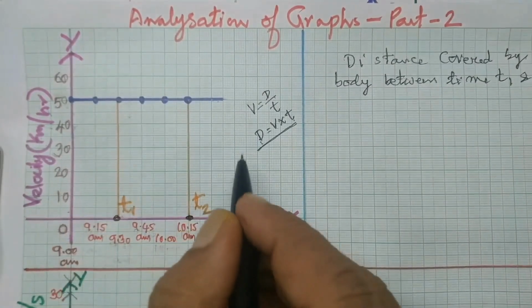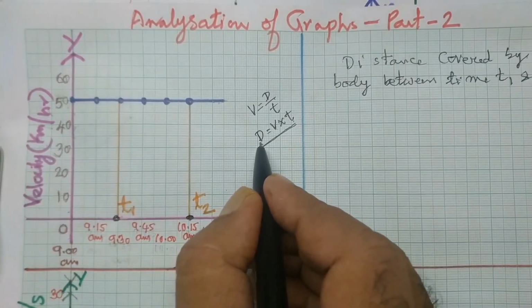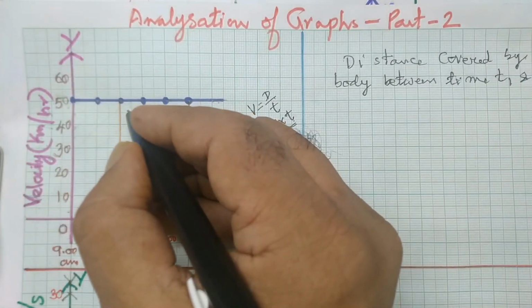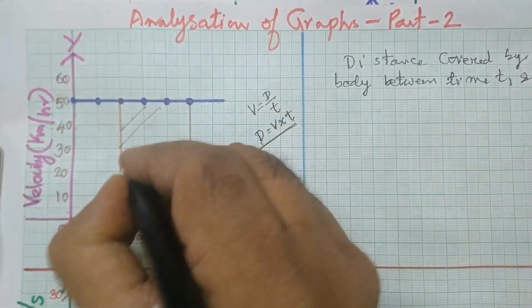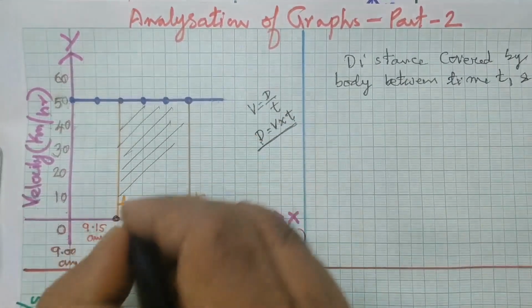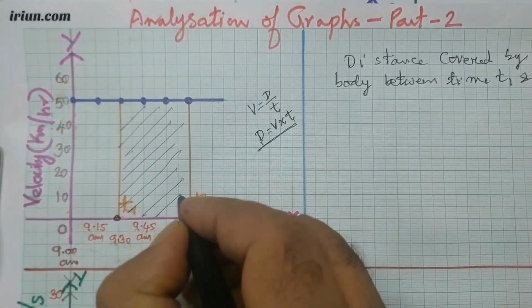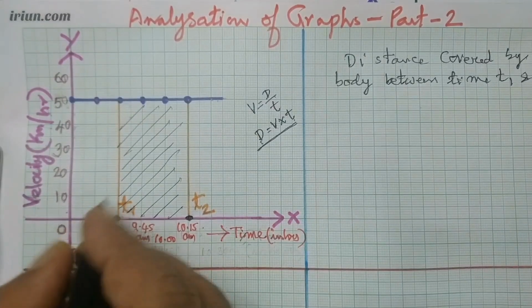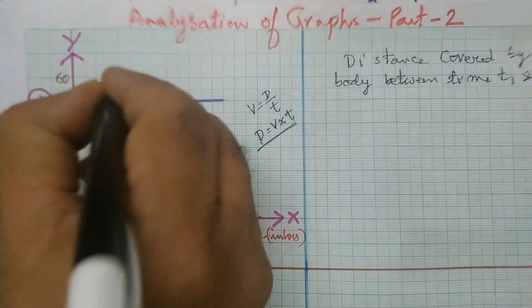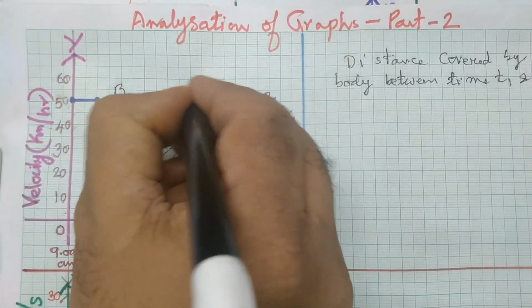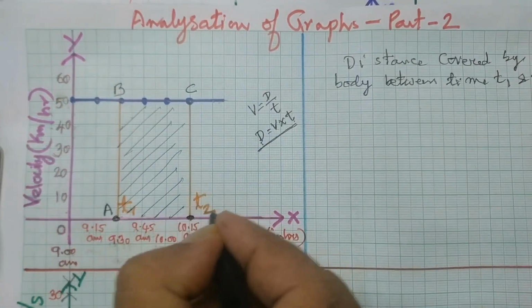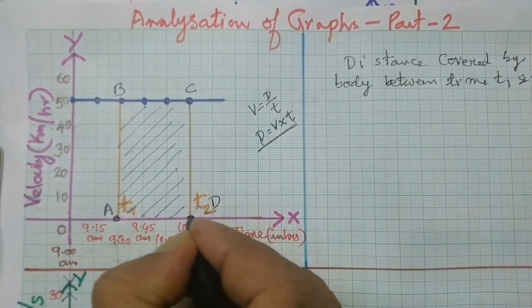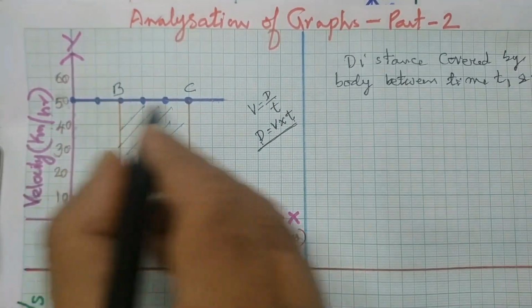As I said just now, to calculate the distance, that is the magnitude of the displacement, you have to find out the area of this rectangle. For convenience sake, I call this rectangle A, B, C, D. Here this point is D. ABCD is a rectangle.